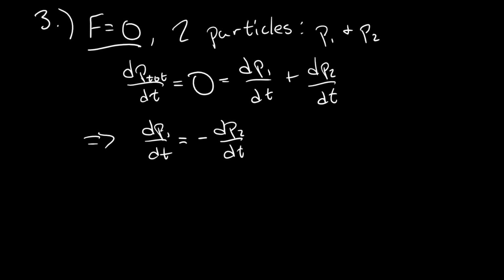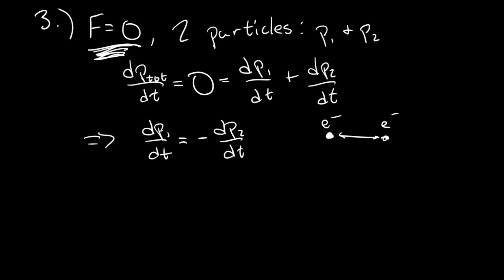So if I ignore either one of these equations, each side looks like a force. But since there's no outside force acting on this, the only forces that can be happening are between the individual particles. So maybe I have two electrons, and they're repelling each other. Their electric charge is repelling each other.